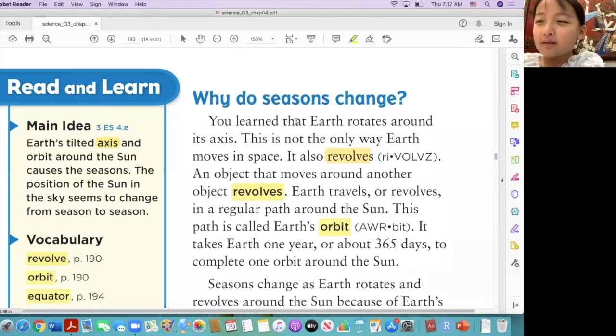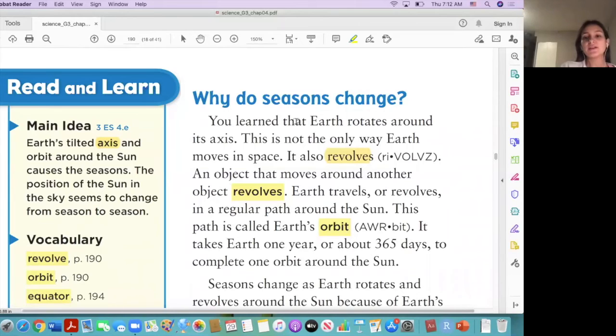This path is called Earth's orbit. It takes Earth 1 year, or about 365 days, to complete one orbit around the sun.